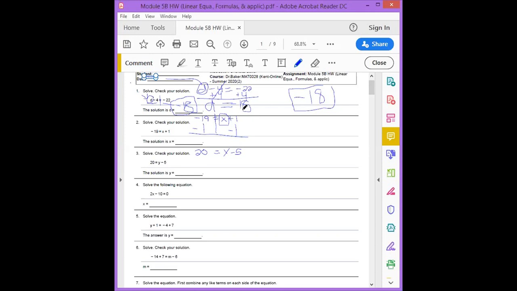So we subtract 1 on the right side, and our 1's cancel. So 1 minus 1 is 0, that's gone. We bring down the x on the right side. We bring down our equal sign. Remember, there's an equal sign in between. And negative 19 minus 1 gives us negative 20. That's our solution.